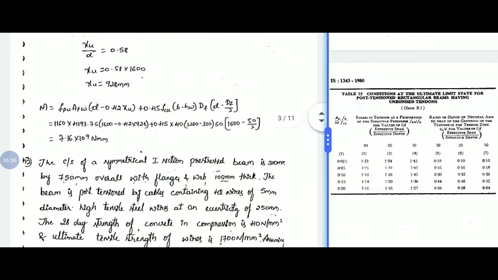Next problem. The cross section of a symmetrical I section pre-stressed beam is 300 mm by 750 mm overall, with flanges and web 100 mm thick. The beam is post-tensioned by cables containing 48 wires of 5 mm diameter high tensile steel wires at an eccentricity of 250 mm.